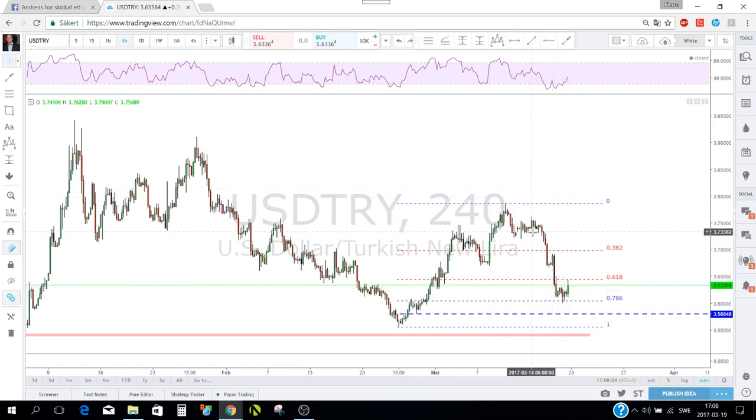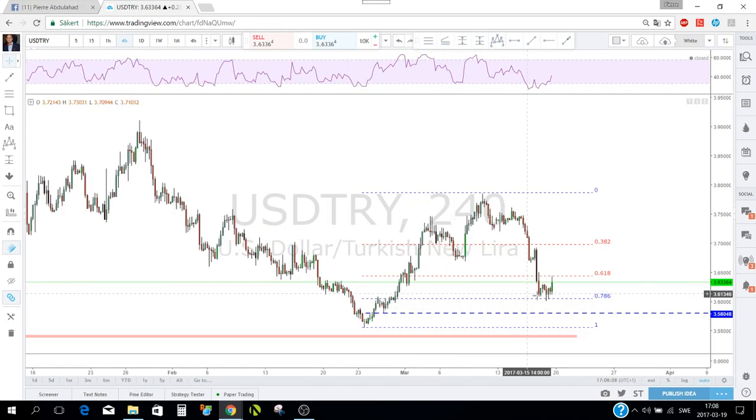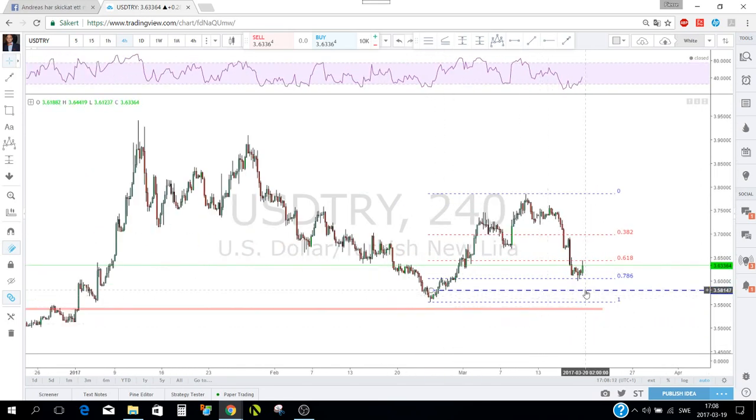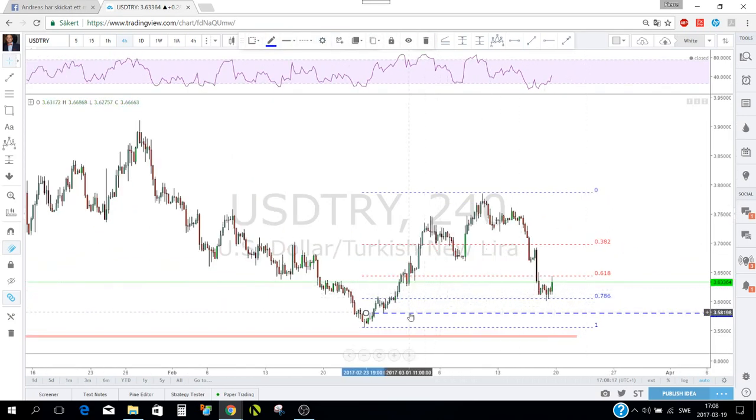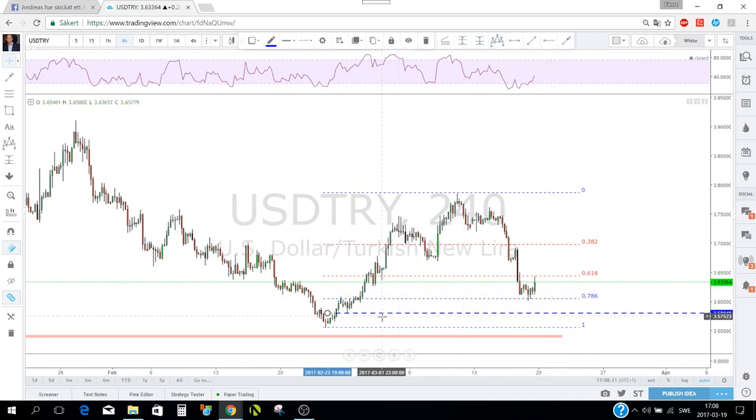Last week I closed the down hedge and closed my entry here, and I will be looking at how price will act at where we are right now, and especially on this neckline down here, where I had my old entry.